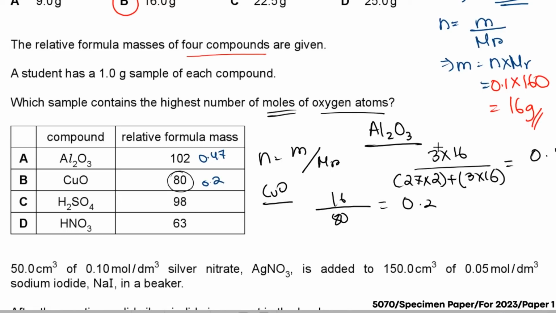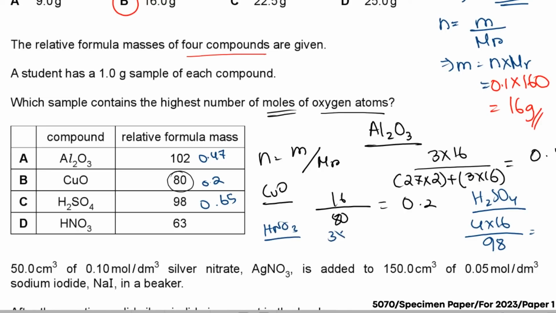Next, we have 4 oxygen over here. So for H2SO4, it's going to be 4 times 16 divided by 98, the MR. So you're getting an answer of 0.65. Make sure to try these in your calculator while you're performing the paper. Next is nitric acid, or HNO3.